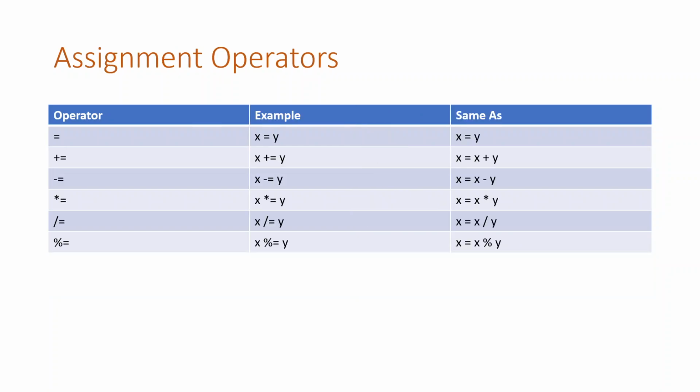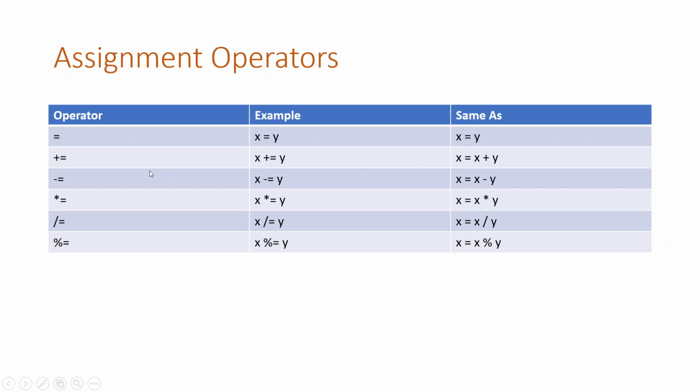Second is the assignment operator. The commonly used assignment operator is equal to. With the assignment operator, the value on the other side can be stored in x. Suppose the value of y, we can assign to x.